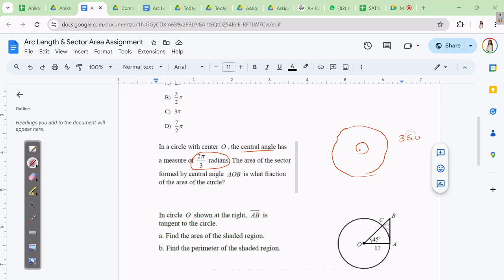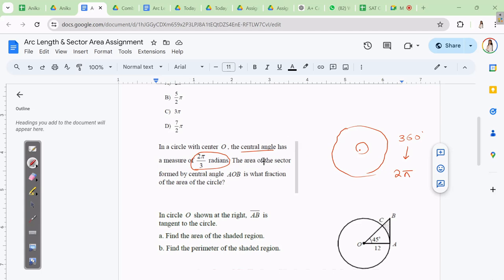The total angle is 360 degrees, right? So you can convert 360 degrees into radians. 360 degrees is 2 pi. Okay, so that would be 180 degrees. Which one? The central angle? No, the central angle is always 360 degrees, the total angle of the circle.